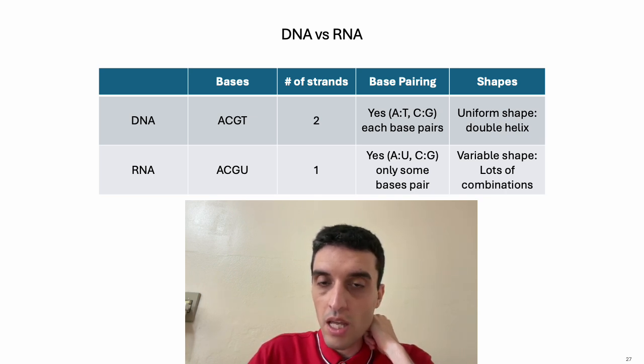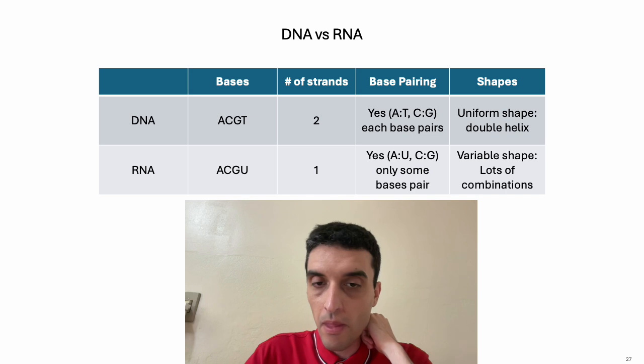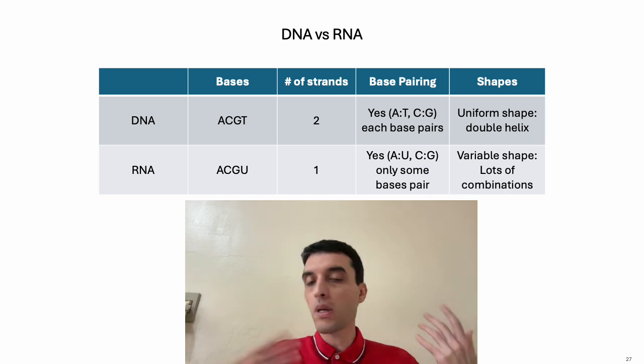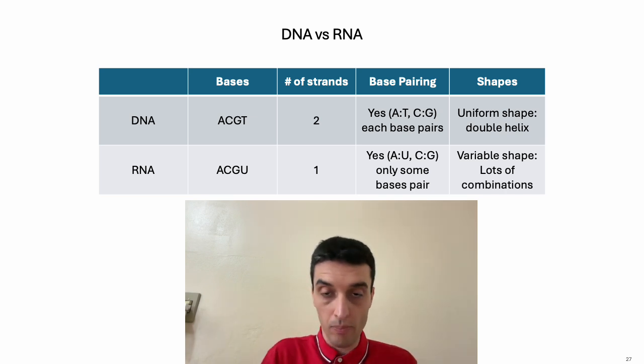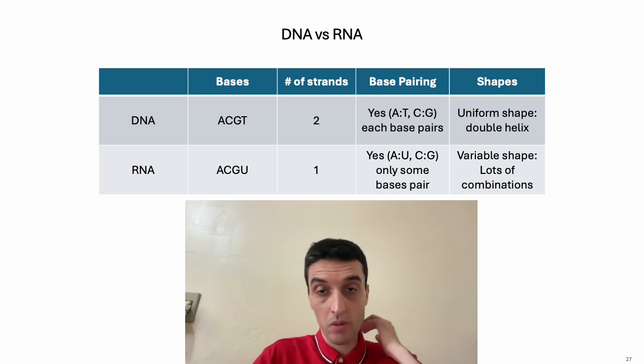In general, DNA has two strands when they're forming. It's very important to stabilize the molecule. RNA is formed as just one strand, and this strand can become a double strand later or coil or bond by itself with hydrogen bonds.